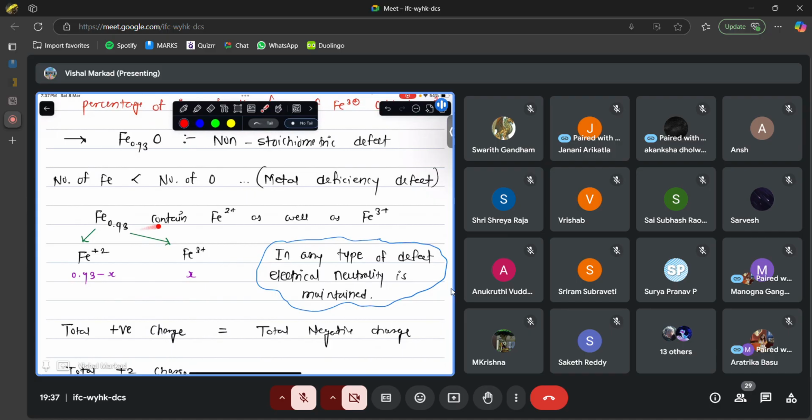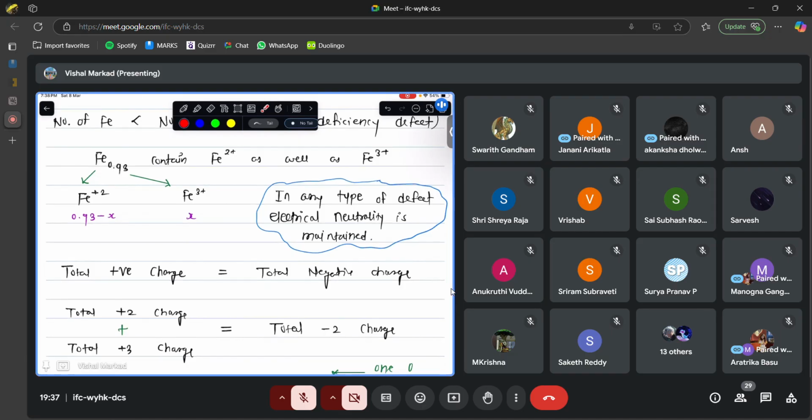Fe0.93O contains 2+ as well as 3+. Let's suppose the 3+ are X. Then how many Fe2+ will be there? Total is 0.93. If 3+ are X, 2+ will be 0.93 minus X. One thing: in a defect, metal deficiency or whichever type of defect, electrical neutrality is maintained.